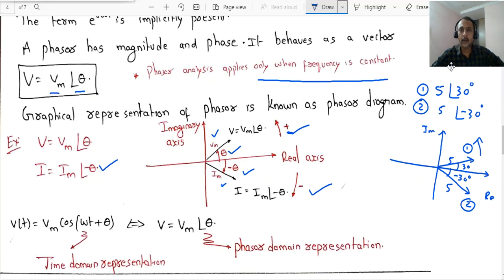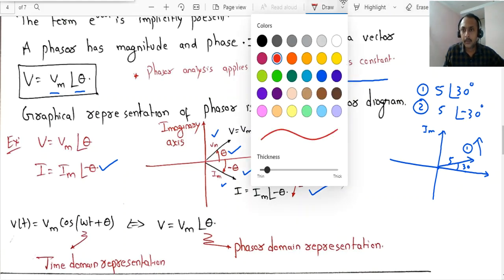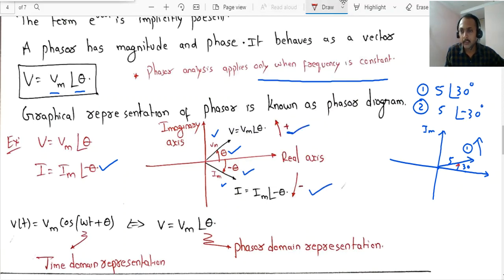one more important point I will tell you here. So with respect to this one, the angle is 30 degrees, where you are rotating in the anti-clockwise direction.